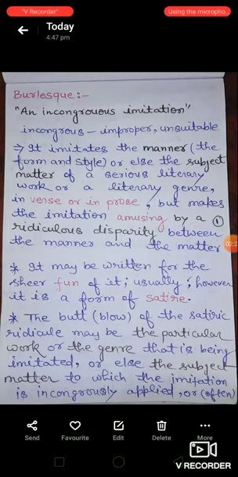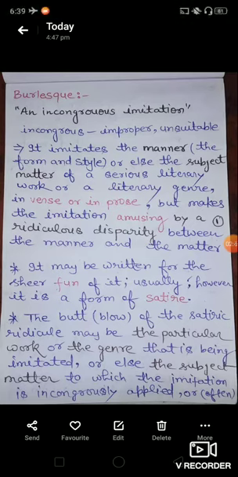Will be clear with the words coming. When we'll have to talk in an elaborative way, we can say about burlesque. It imitates the manner or else the subject matter.